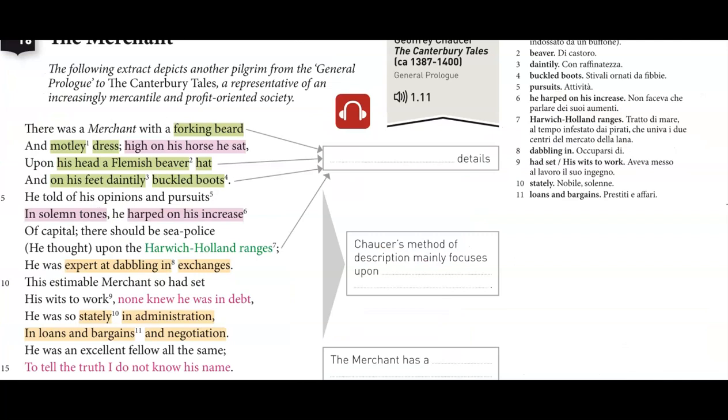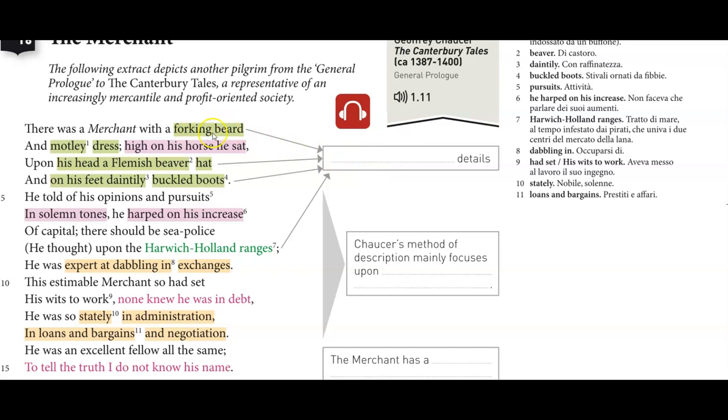Okay, now let's see together the analysis of this short passage, okay? So you see that there are highlighted words, okay? The green highlighted words. You can see here, there are some arrows, and they refer to the details, okay? The details in this passage are realistic, okay, and concrete. Why?